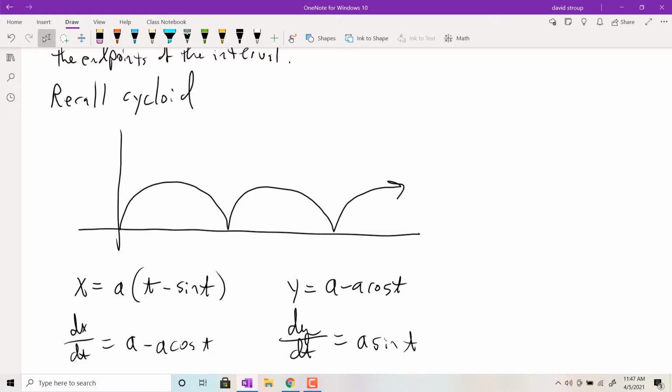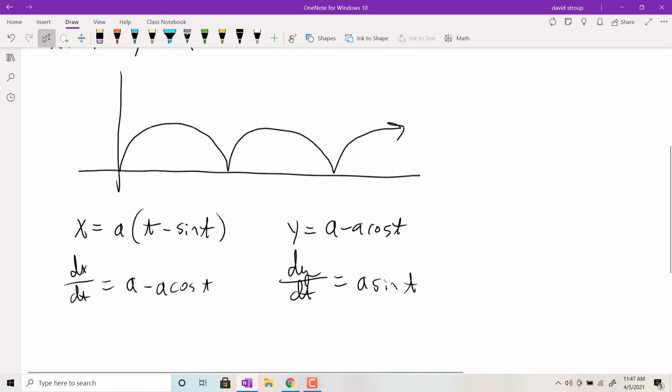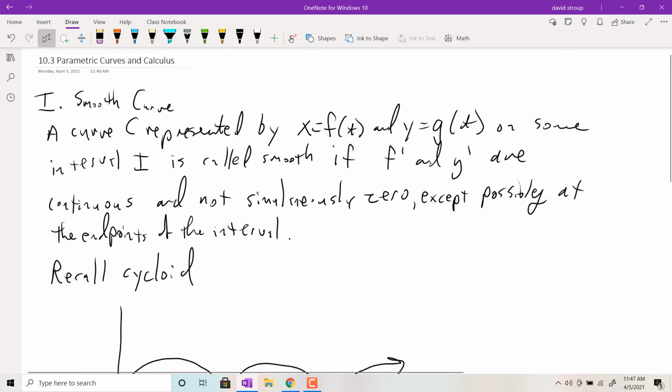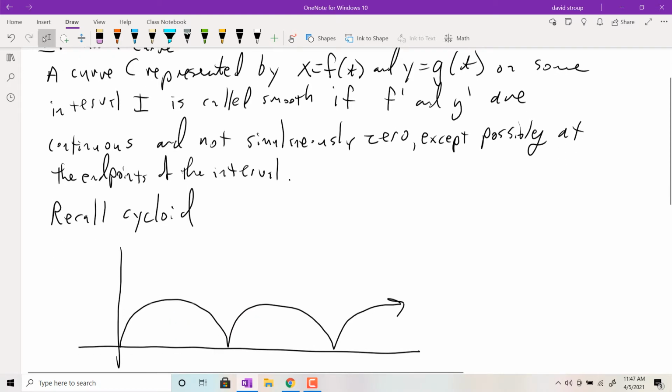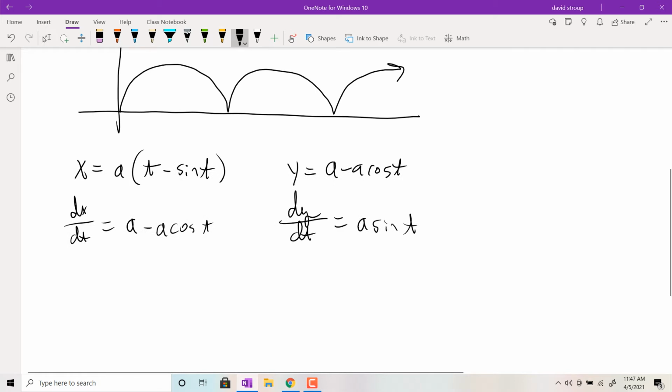Both of these functions are continuous everywhere. The only issue for smoothness might be if the derivatives are simultaneously equal to 0. So we take the derivatives, set them equal to 0 and solve.